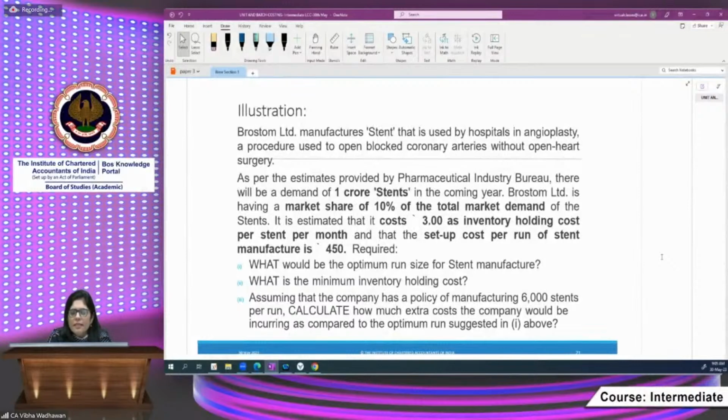That is used by hospitals in angioplasty. The process of inserting the stents in the arteries is called angioplasty, a procedure to open blocked coronary arteries without open heart surgery. So without doing the open heart surgery or the bypass surgery, the doctors do angioplasty. Good. So there will be a demand of 1 crore stents in the coming year.